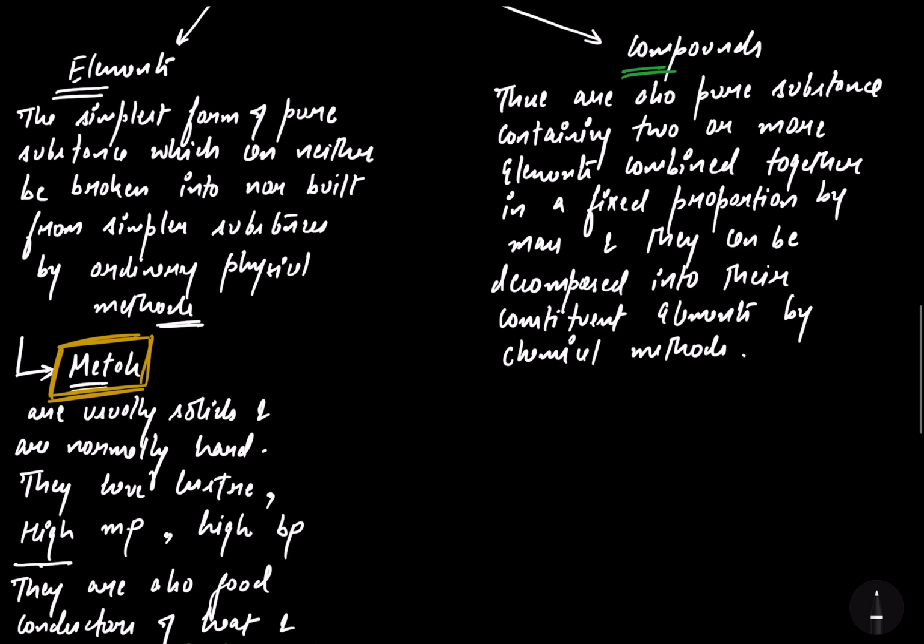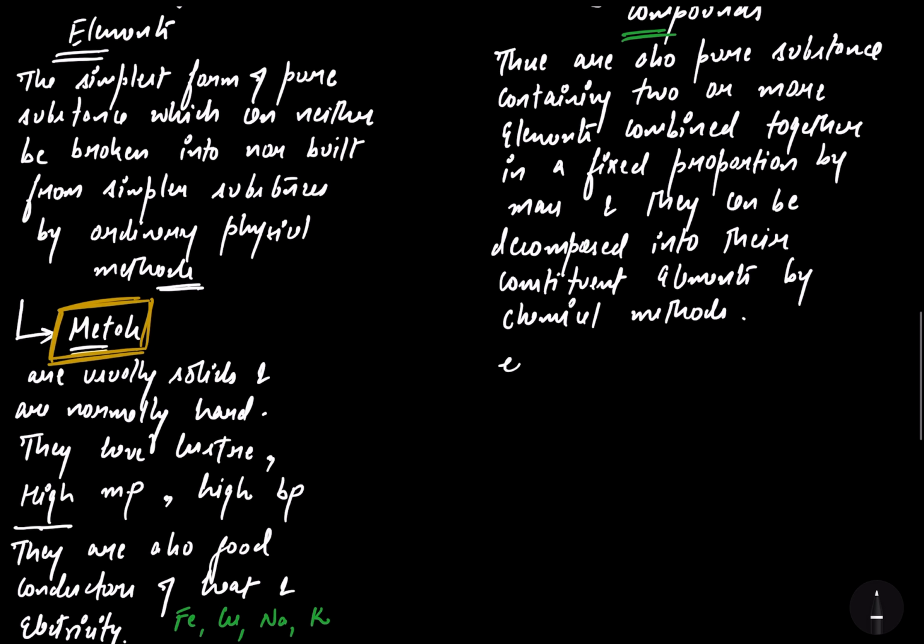For example, I'm talking about water. What's the symbol of water? That's H2O. What's the weight of hydrogen? That's 1 AMU. How many hydrogens are there? 2. That means I have to multiply this with 2.